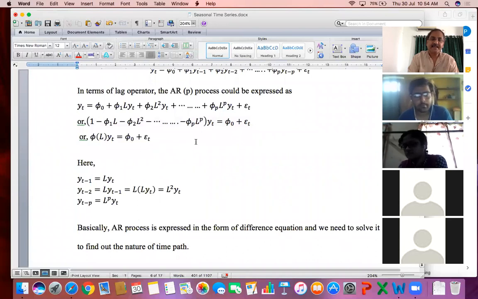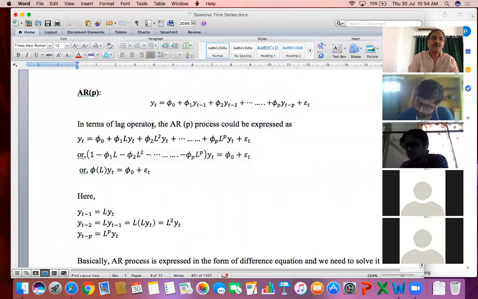You can solve this characteristic equation and get the values of the roots, the characteristic roots. If your variable follows AR(p), you have a pth order characteristic equation, so you have p number of characteristic roots by solving this equation.